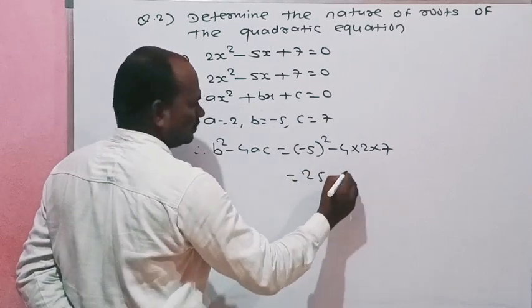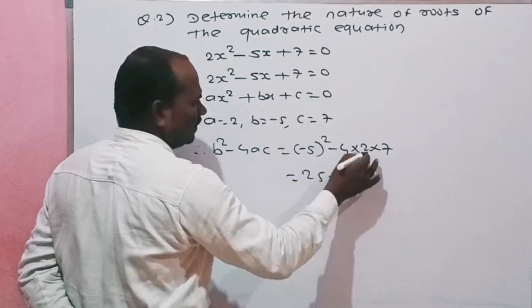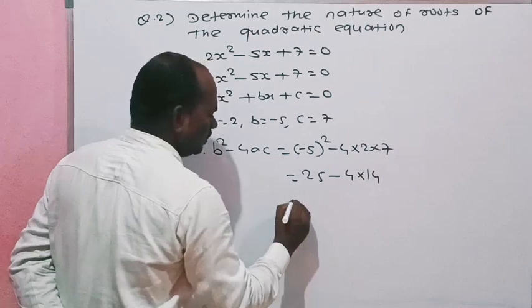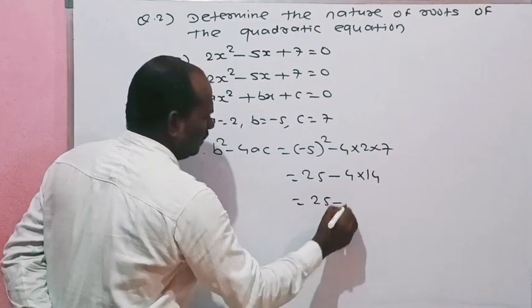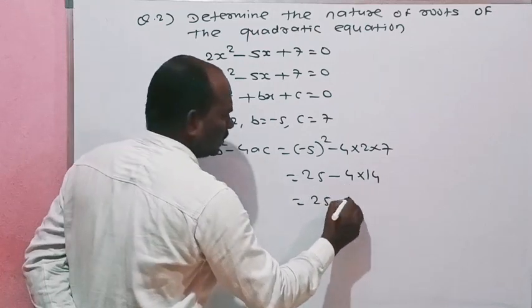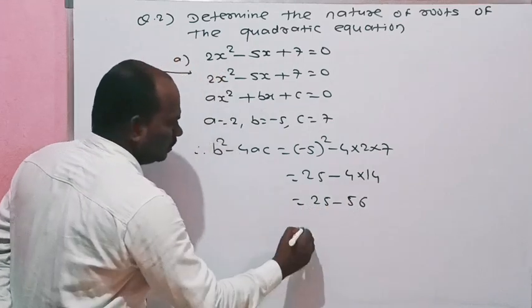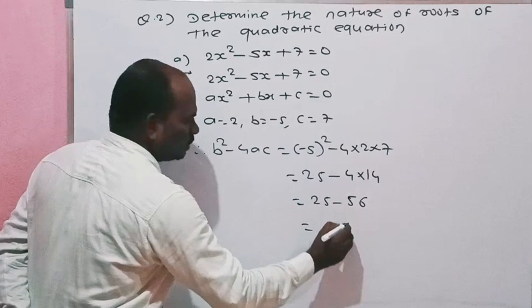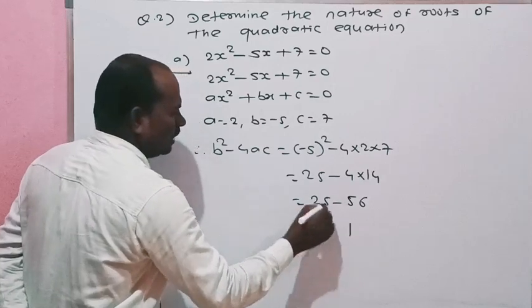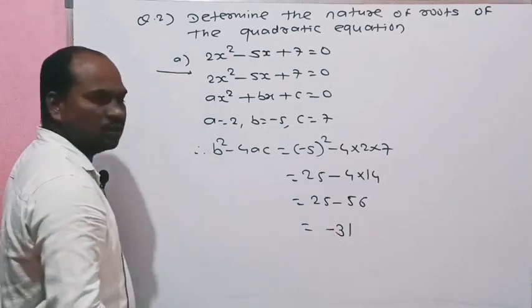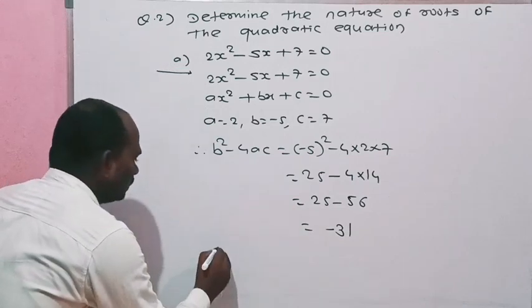Now minus 4 times 2 times 7 is 56. Now 25 minus 56 is minus 31. The answer will be minus 31.